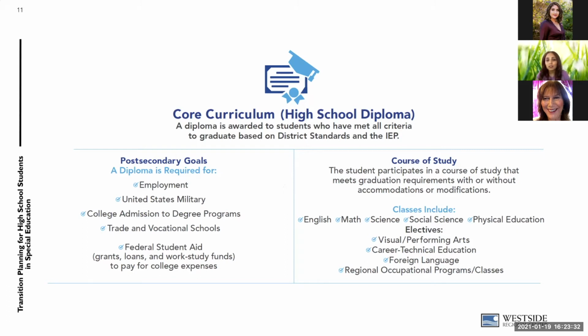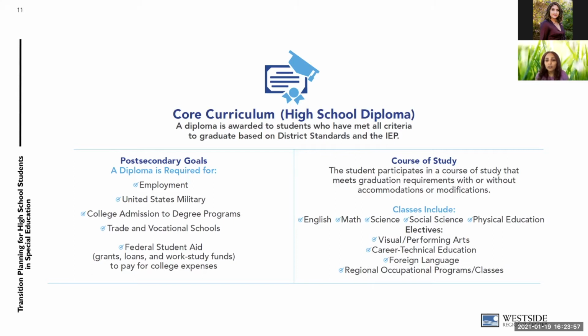This diploma would allow students to have employment, to join the Army if that's what they're interested in, to go to college, be able to go to 4-year college or 2-year college, or trade school, be able to get financial aid, federal aid in terms of grants or loans.